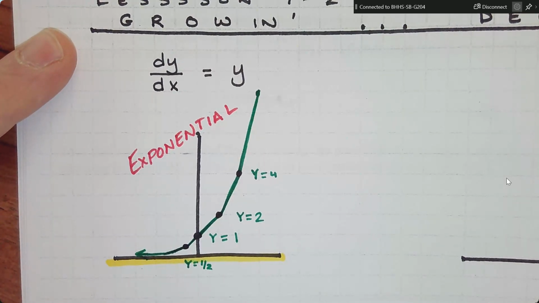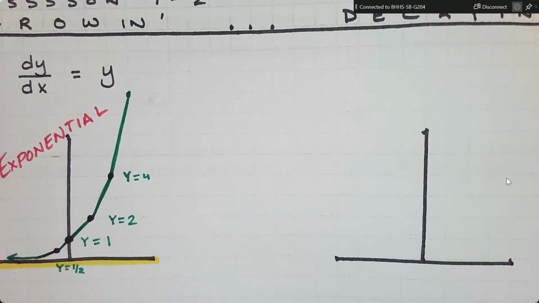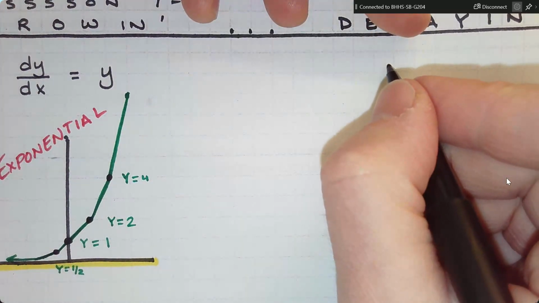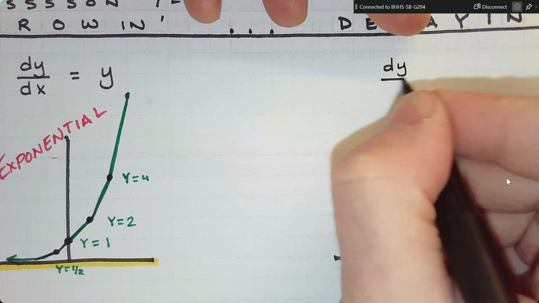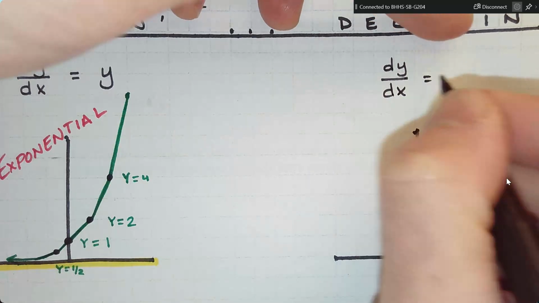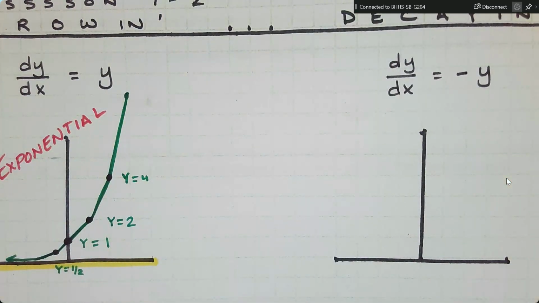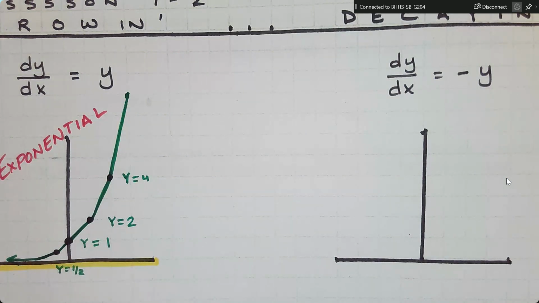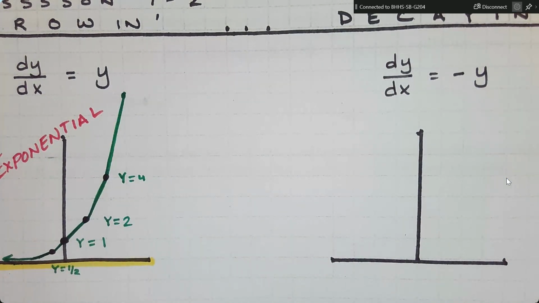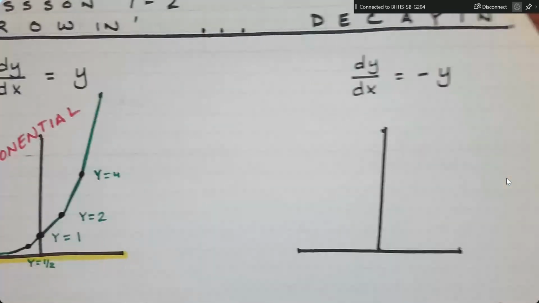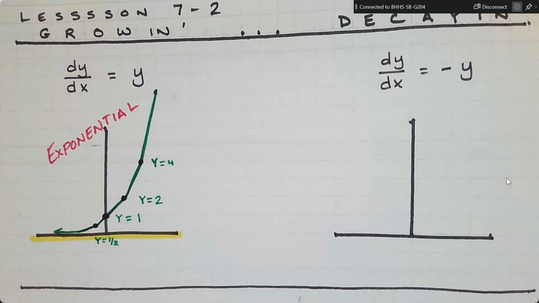Let's see what happens if we change it just a little bit. Suppose that we say the rate of change is equal to the opposite of the y value. And let's start in the exact same spot.